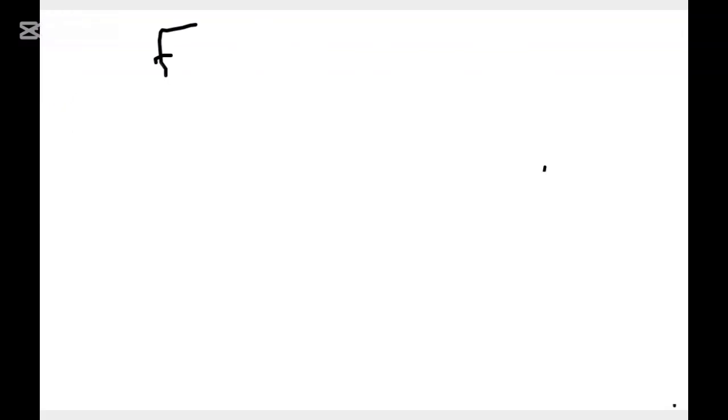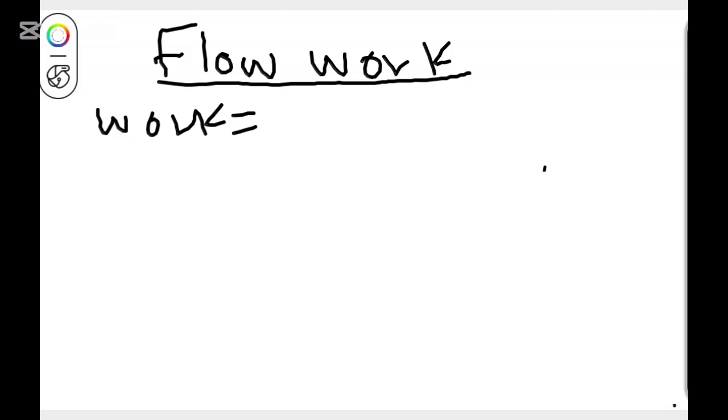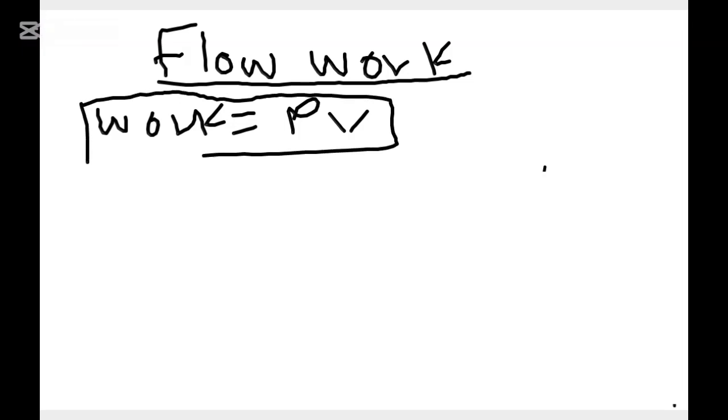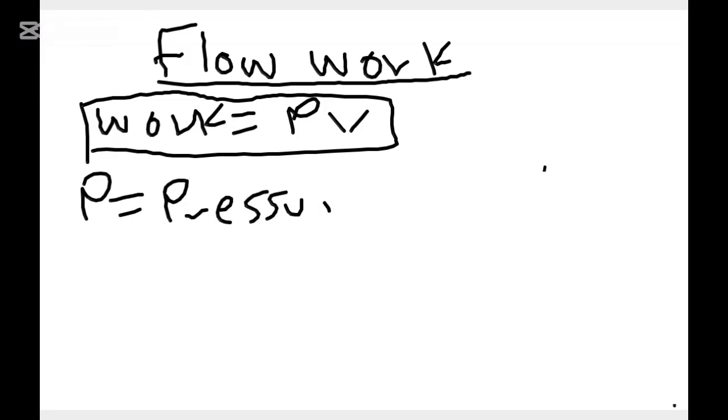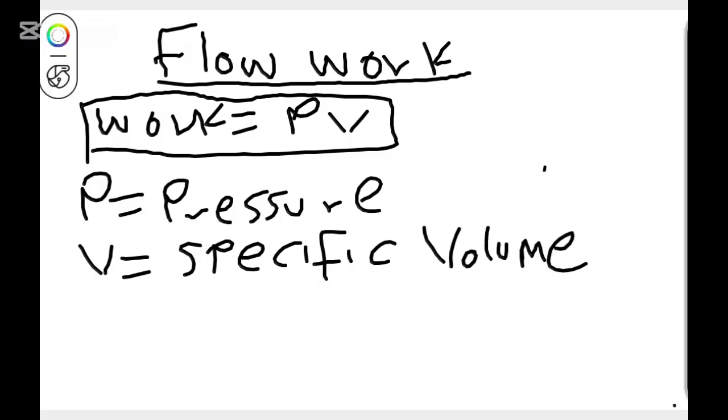And also we have the flow work formula, or displacement work. The formula says work is the same thing as P multiplied by V, whereby P is the pressure and V is the specific volume.